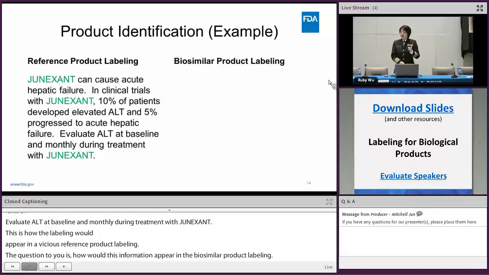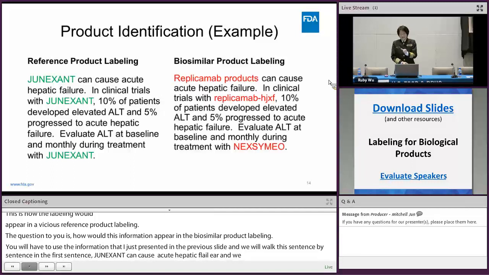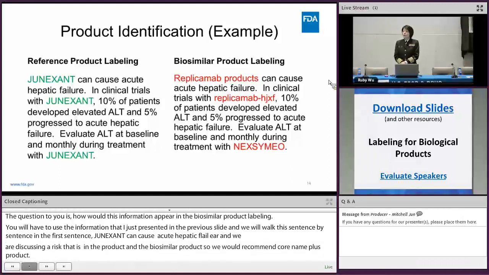So the approach that we will recommend is core name plus products. Okay, I'll give you all the answers right now. In the second sentence, you're discussing the clinical trials with a reference product and the data from that particular trial. So therefore, we will recommend the use of the reference product's non-proprietary name, replicamab-HJXF.